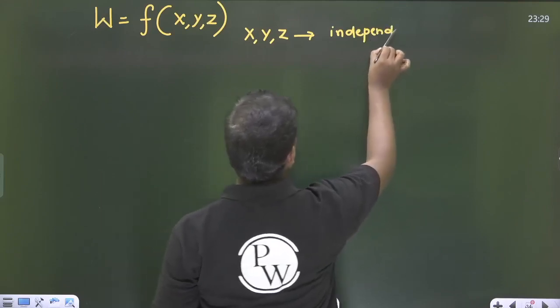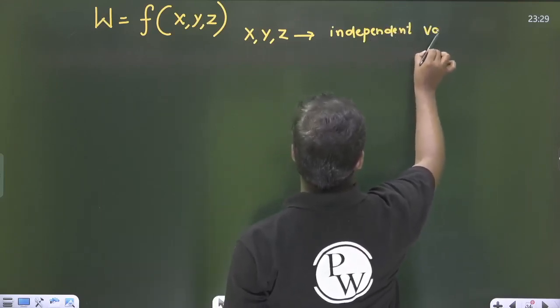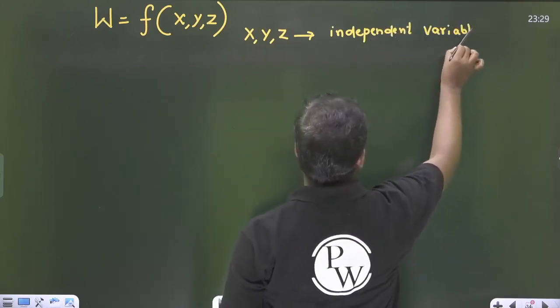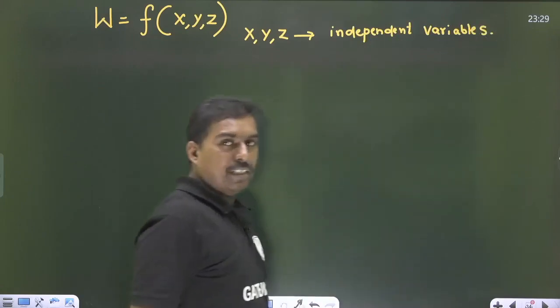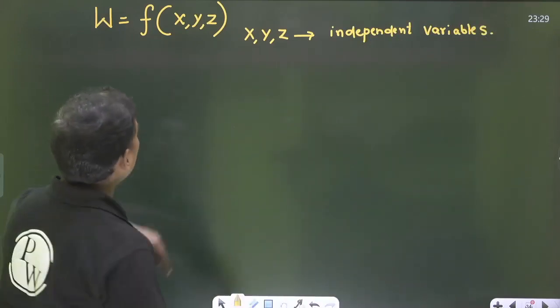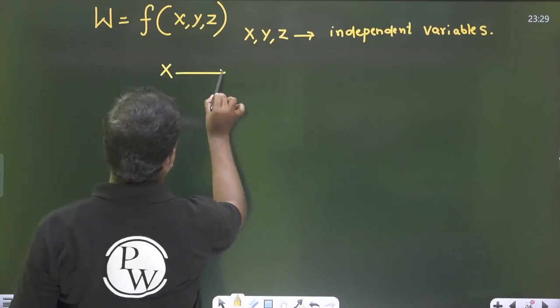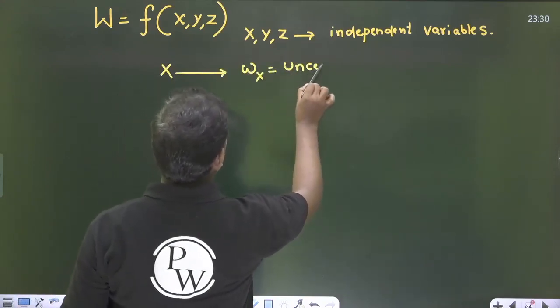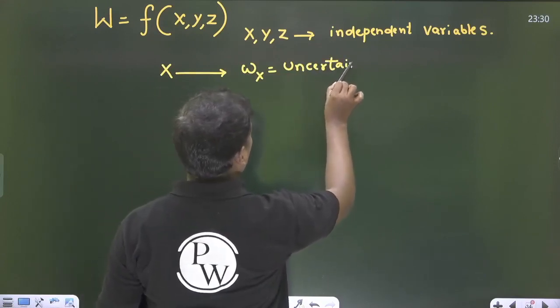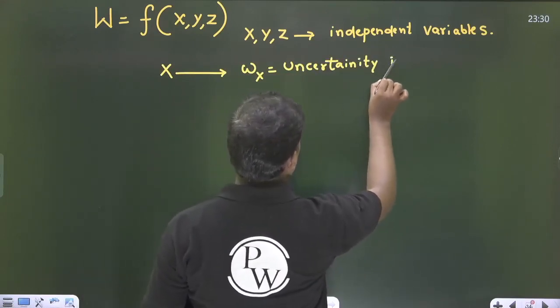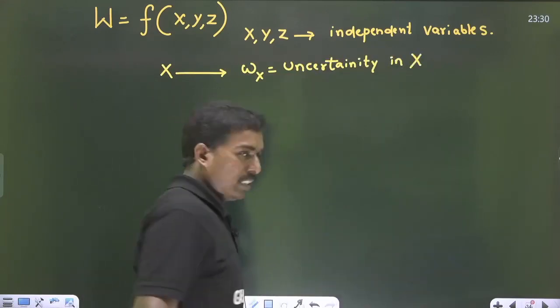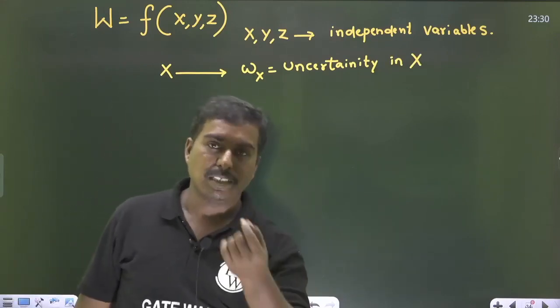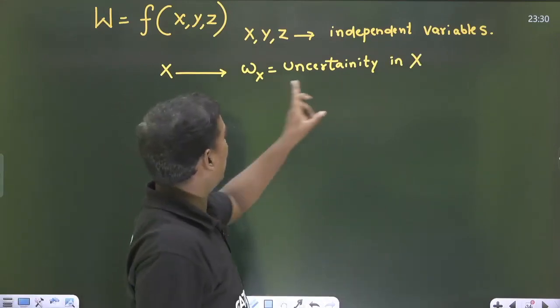That means X is not dependent on Y and Y is not dependent on X. They are three independent variables. But in measurement of X, there is uncertainty, so that is called Wx.